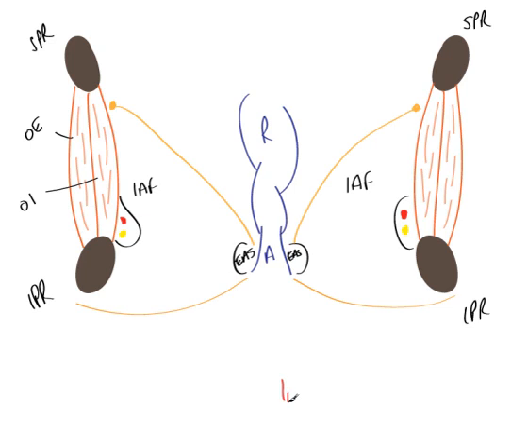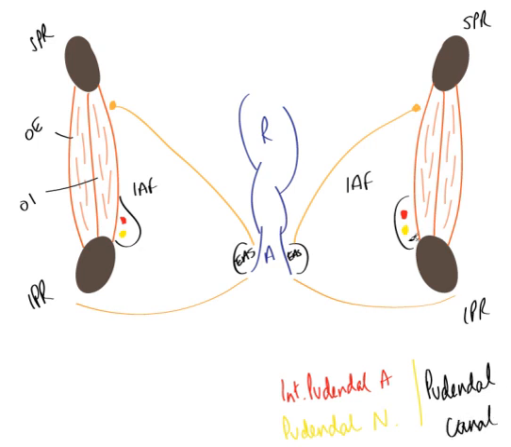So we have the internal pudendal artery and we have the pudendal nerve. And these structures are running within the pudendal canal. The pudendal canal is located along the lateral wall of the ischioanal fossa, along the medial surface of obturator internus.